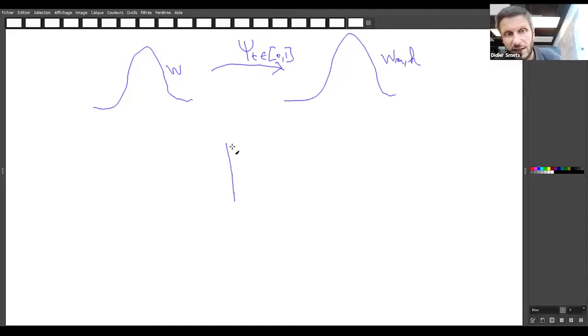And now I'm looking at the complex plane where I look at eigenvalues. I look at the eigenvalues corresponding to this and to this.